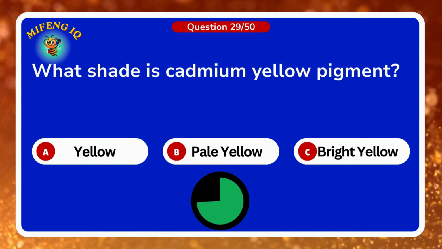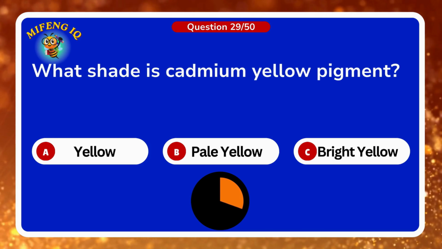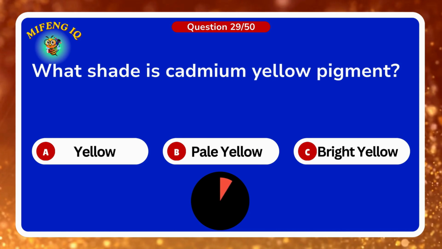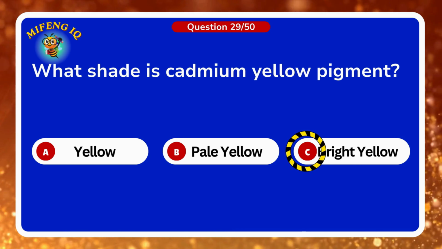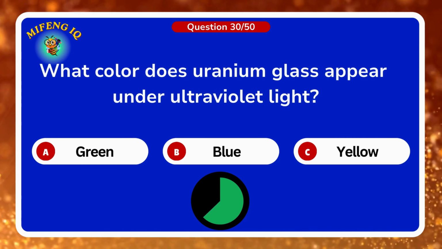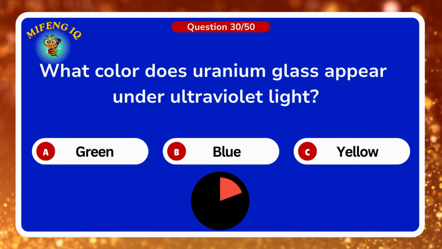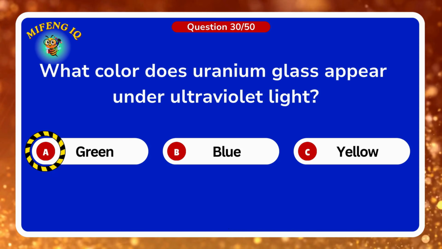What shade is cadmium yellow pigment? Bright yellow. What color does uranium glass appear under ultraviolet light? Green.